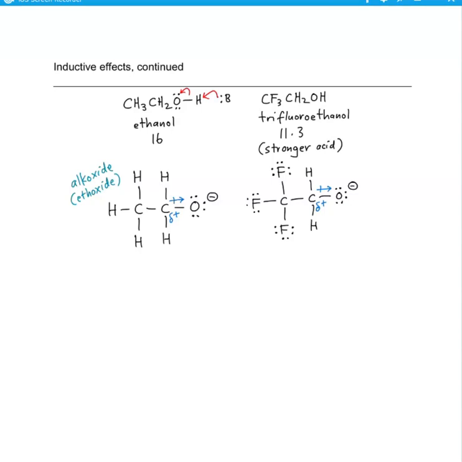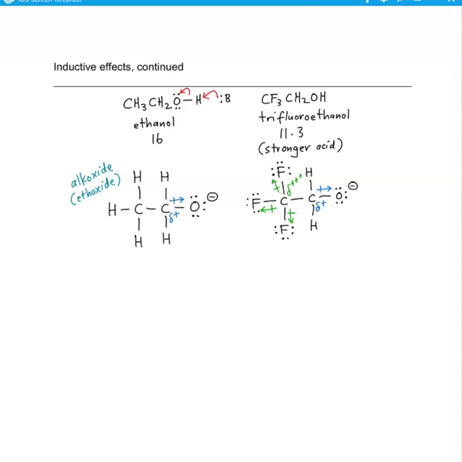Okay, now in the structure on the right, the conjugate base of trifluoroethanol, we have a similar situation to what we saw in the previous example, which is that the fluorines are pulling electron density away from that carbon. That leaves the carbon with a significant amount of partial positive charge. So move this dipole over. So let's say partial plus plus plus. So a lot of electron density being pulled away from it.